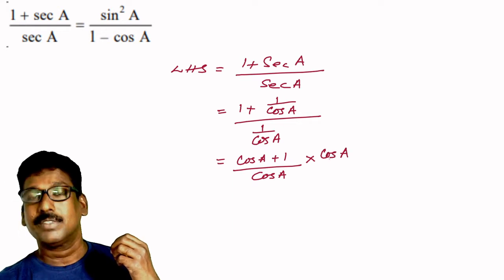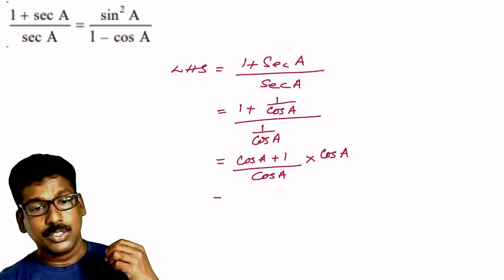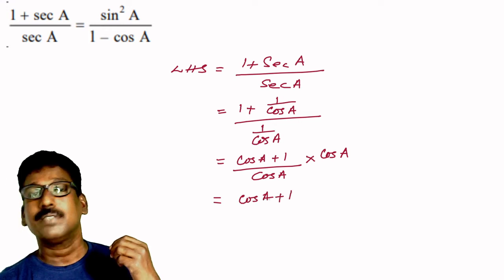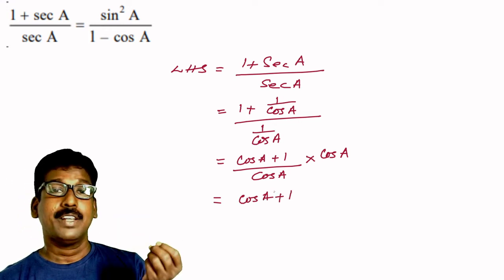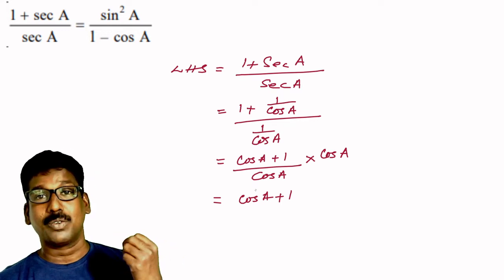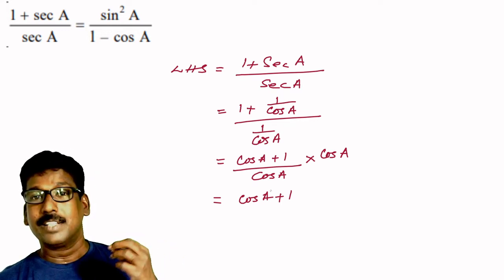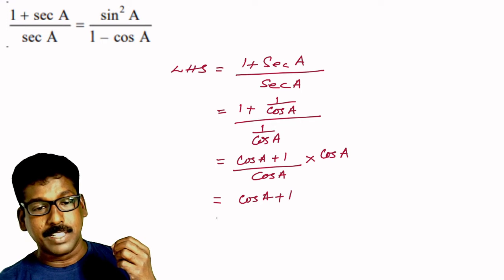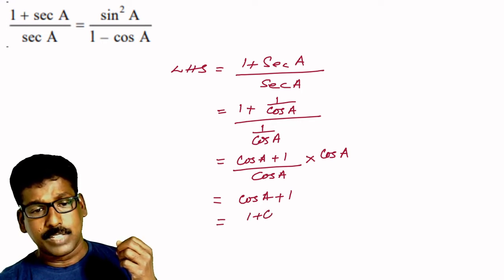Cos A cancels, and you get cos A plus 1. But you have to get sin square A by 1 minus cos A. Here a small multiplication is there. Cos A plus 1, I am writing as 1 plus cos A.